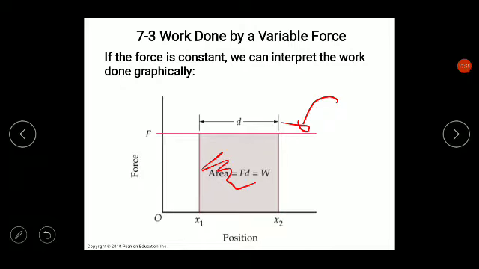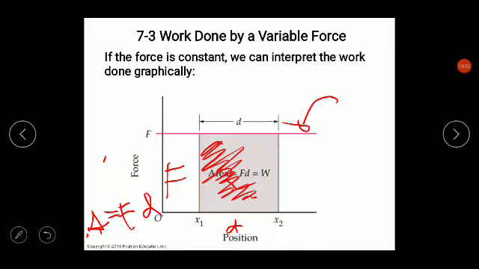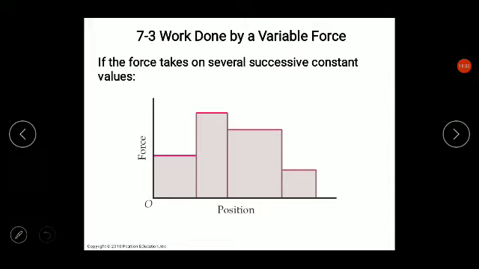If you take the area, you just have the height and the width, which is your d. So you have A equal to F times d, which is the formula of force. Therefore the area under the curve, bounded by these points, is work.